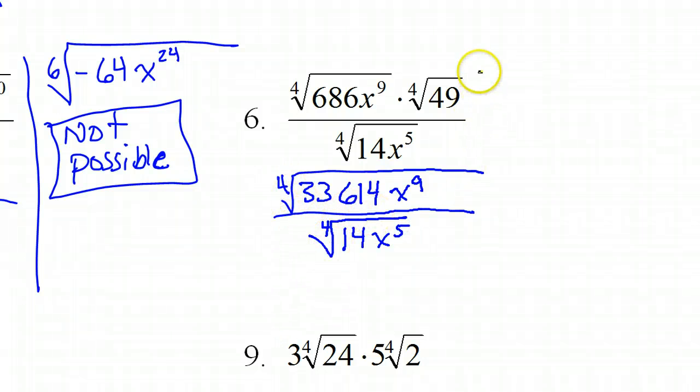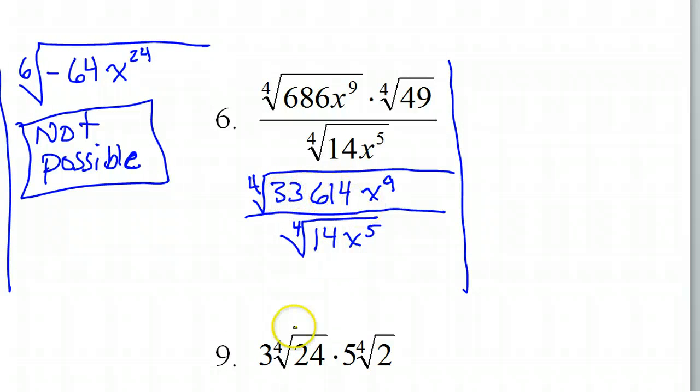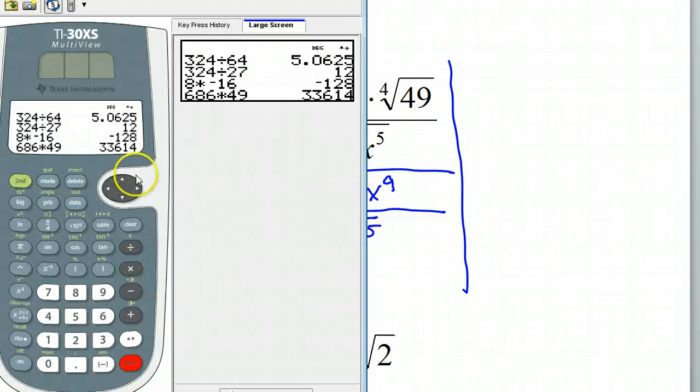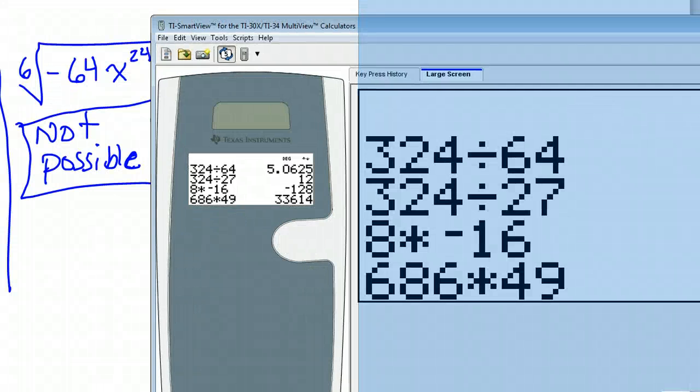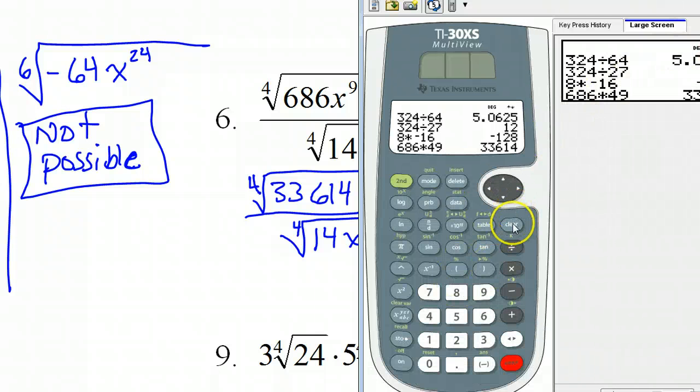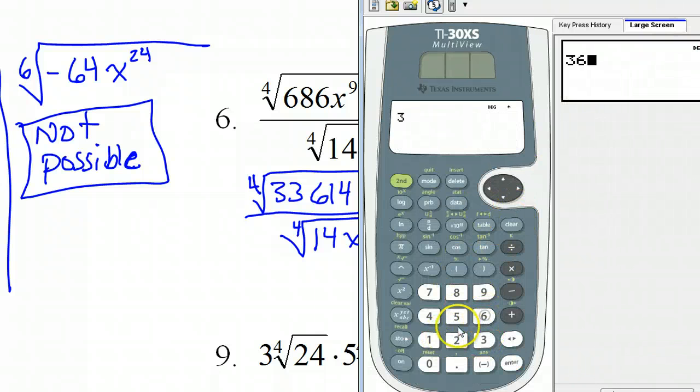Now, since they're both 4th roots, I can do this division. So I wonder if 33,614, I'm sorry, 33,614. I'm wondering if that is divisible by 14.